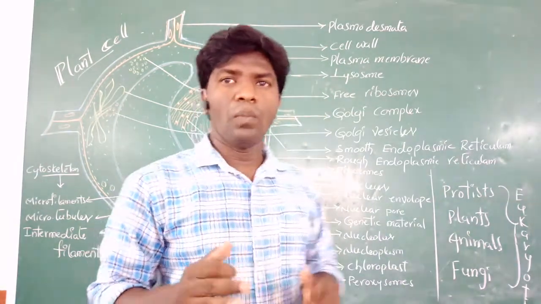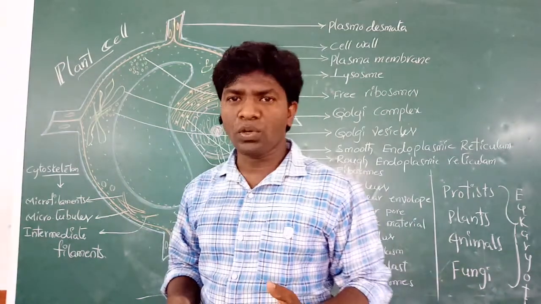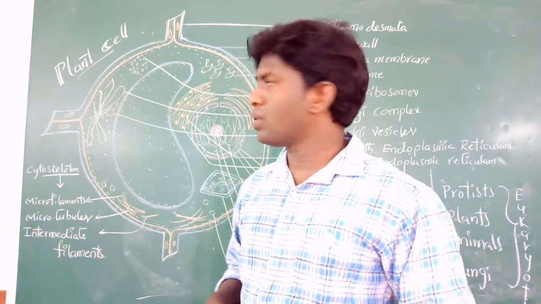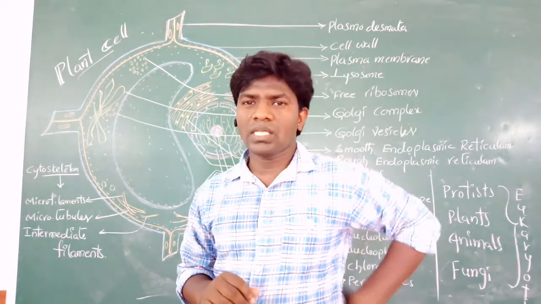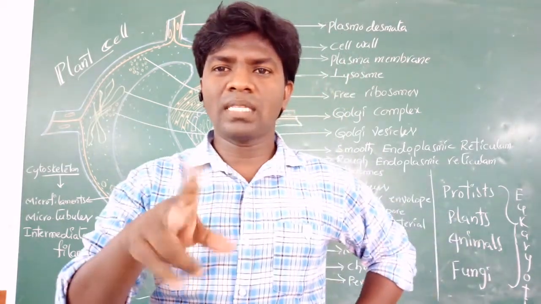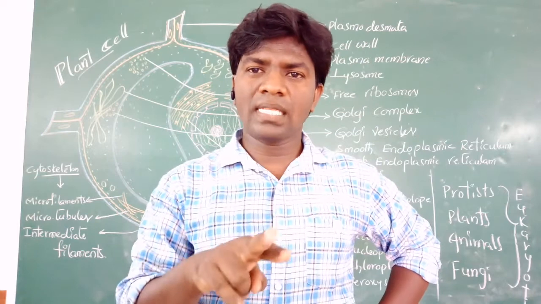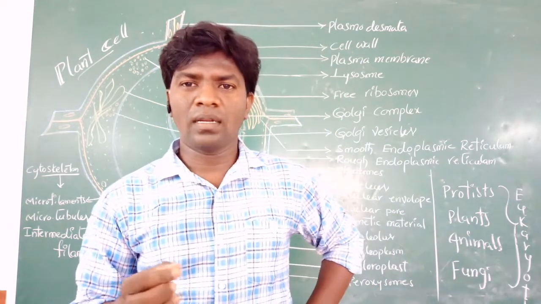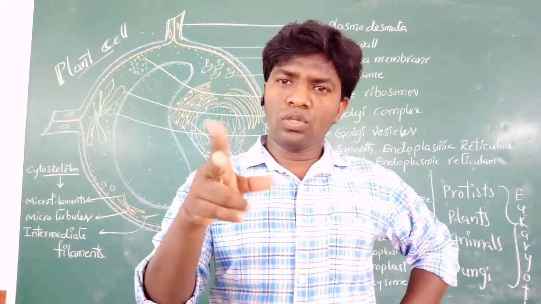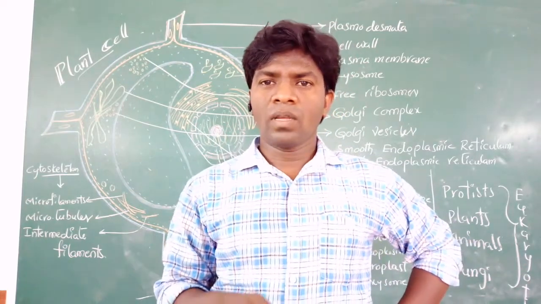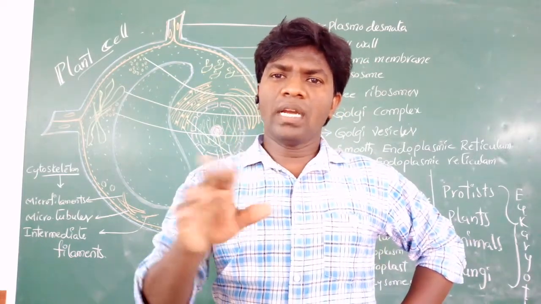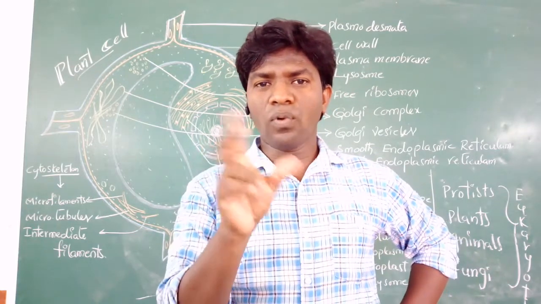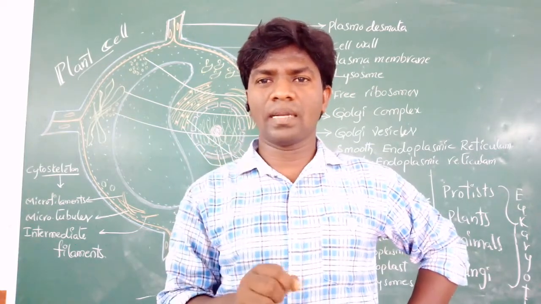Before going on to explain these eukaryotic and prokaryotic cells, I wanted to introduce cells. Dear students, cells are of two types, plant cells and animal cells. In the previous class we learned about two scientists, Schleiden and Schwann, who formulated the cell theory.